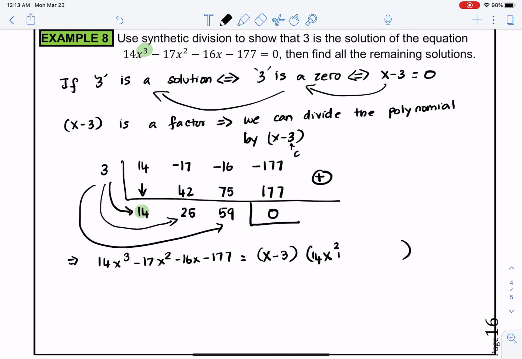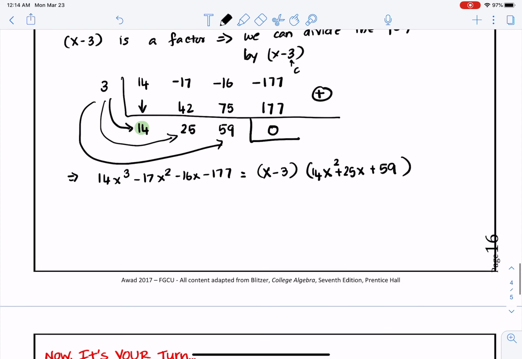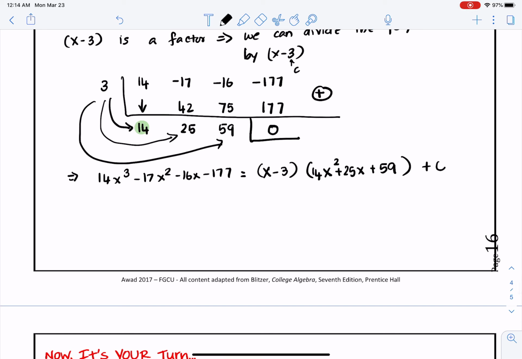And the next term is x, the coefficient of that is 25, and the last term is 59. The remainder is 0, so we have x minus 3 times 14x squared plus 25x plus 59.